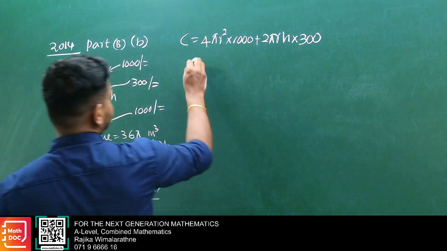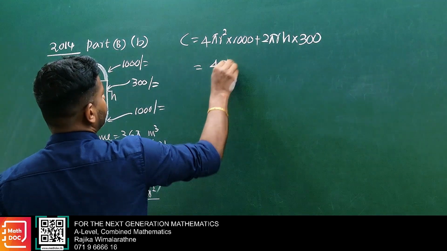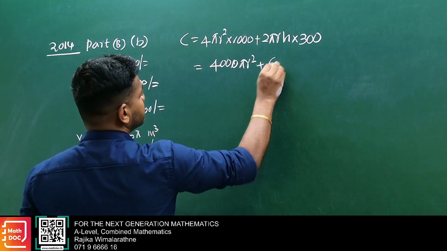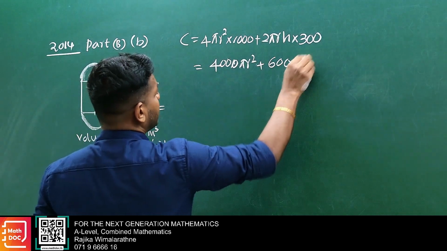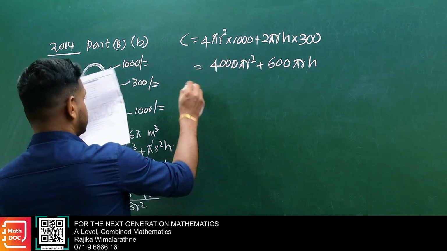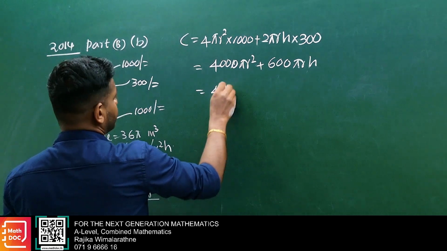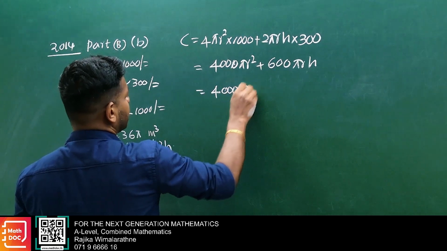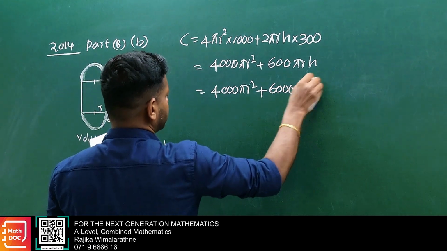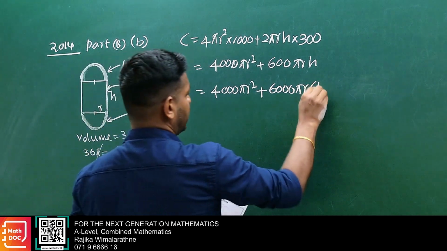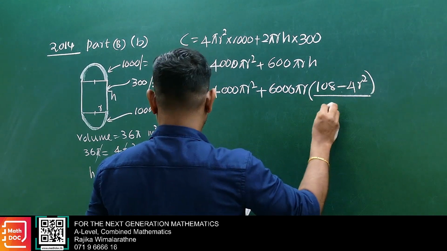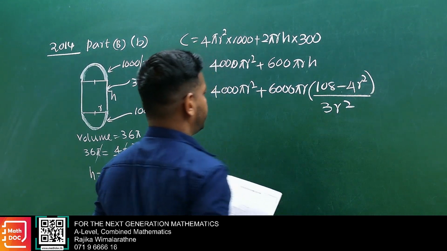Now simplify. Cost C equals 4000 pi r squared plus 600 pi r h. Put h here: 108 minus 4r squared divided by 3r squared.